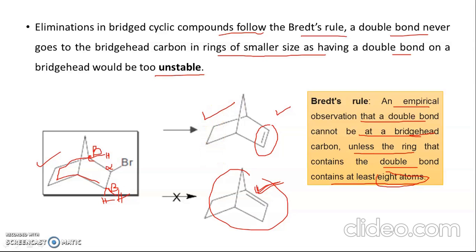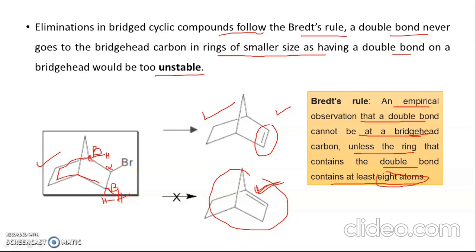So these are some conditions where, irrespective of E2 or E1, some other factors are playing a role. So that is the reason we have to take care of those extra factors also. So that is all about the regiochemistry of E1 and E2. I hope you have some clarity now regarding the regiochemistry in E1 and E2 mechanisms.